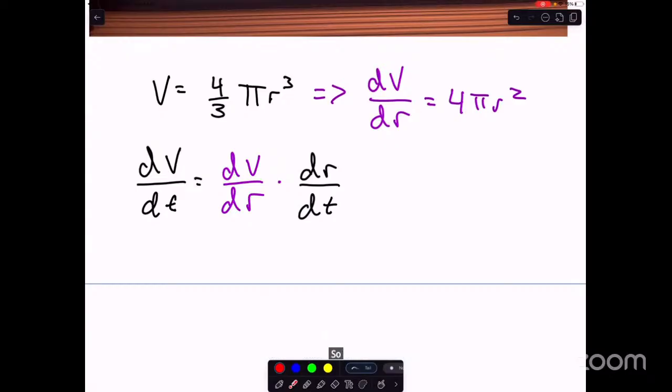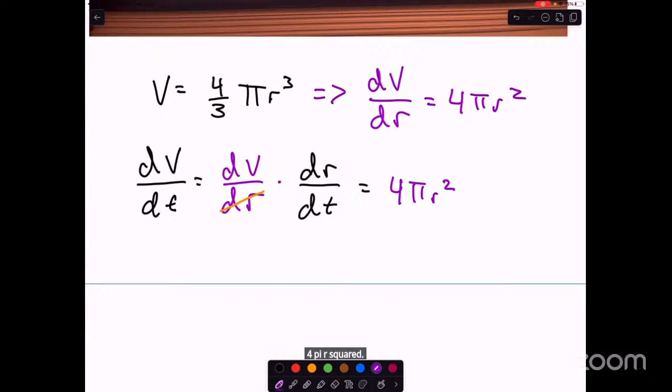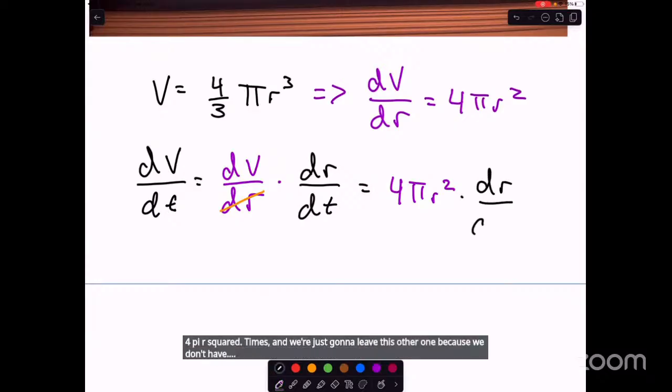So then what happens is this guy is going to cancel this, and we finish with our dV by dt. What we're going to do is say the purple times the dr by dt. So for the rate of change of the volume with respect to time, it's going to be this purple guy up here, 4 pi r squared, times, and we're just going to leave this other one because we don't have that expression.